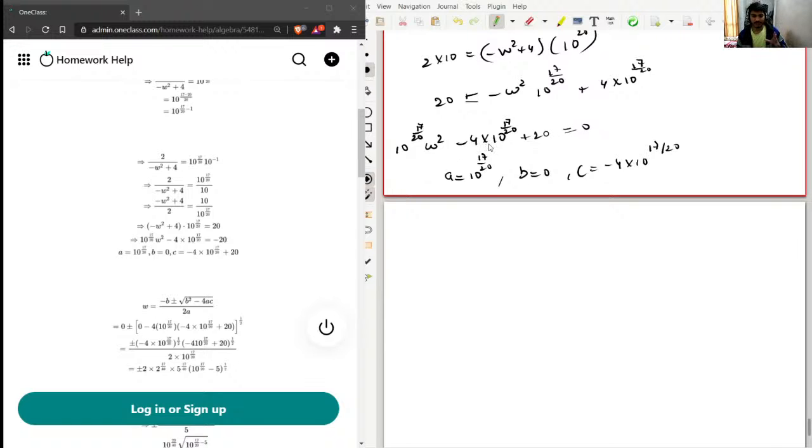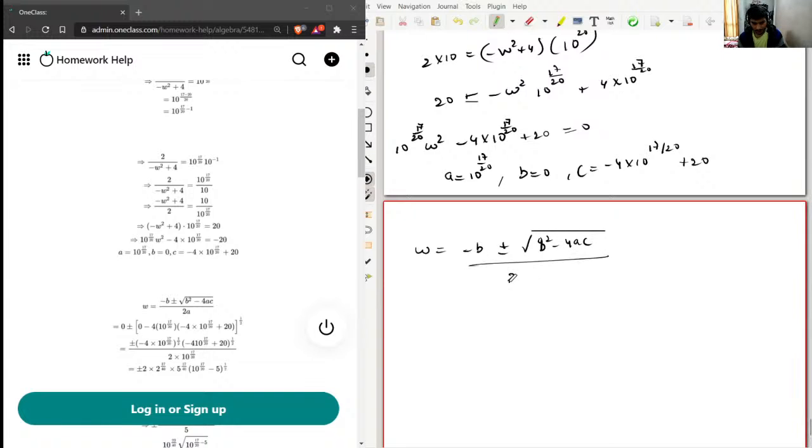So this is a quadratic equation and the middle term is equal to 0. Now we can clearly say that w will be minus b plus minus the square root of b square minus 4ac over 2a.